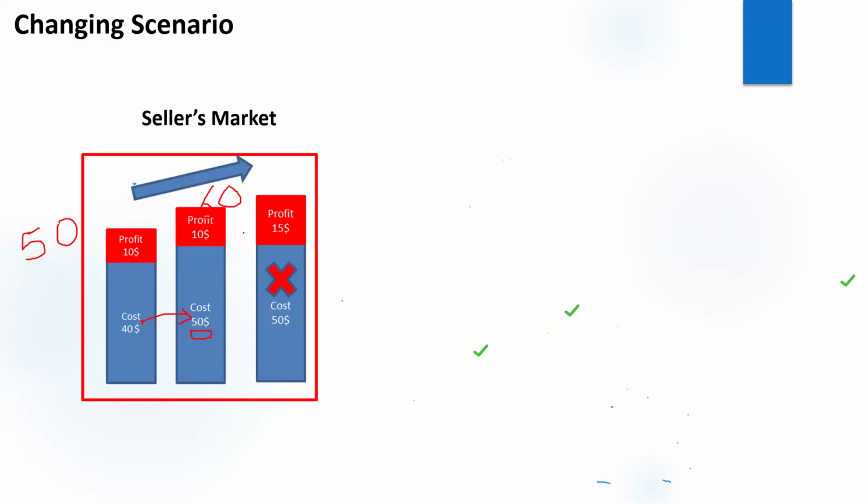And if I want to increase the profit, I can sell this marker at 65 rupees. It is sometimes difficult to increase my profit, but at that time it was possible because I had a monopoly in the market. That era is called the seller's market.